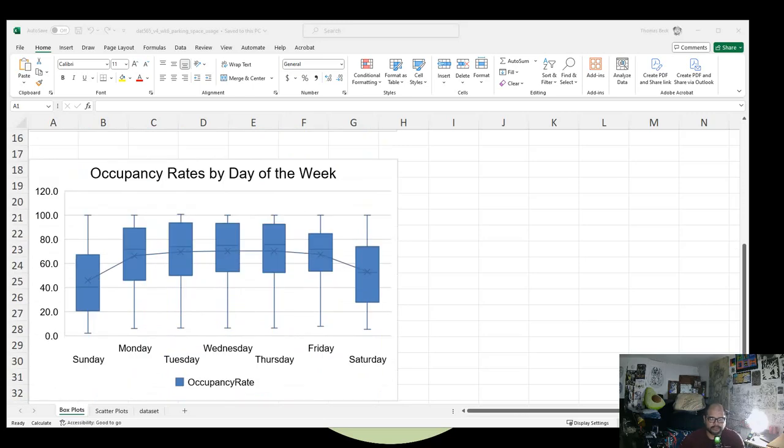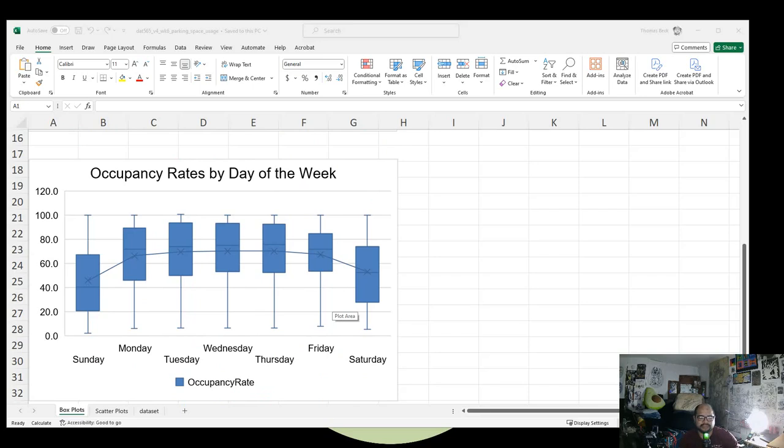Here it breaks it down by the day of the week, and you can tell that this is probably specifically the lots that exist within the city where most people work, because you can tell Monday through Friday the lots get filled up a lot more, during the days of the week when most people are working.